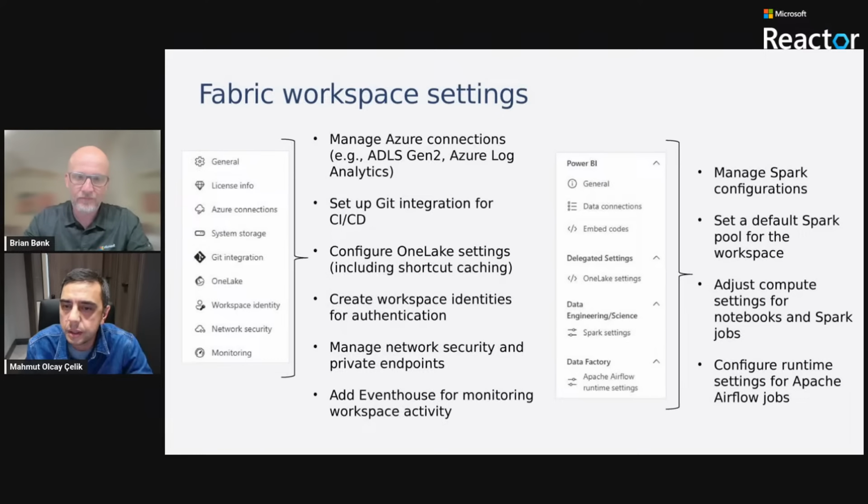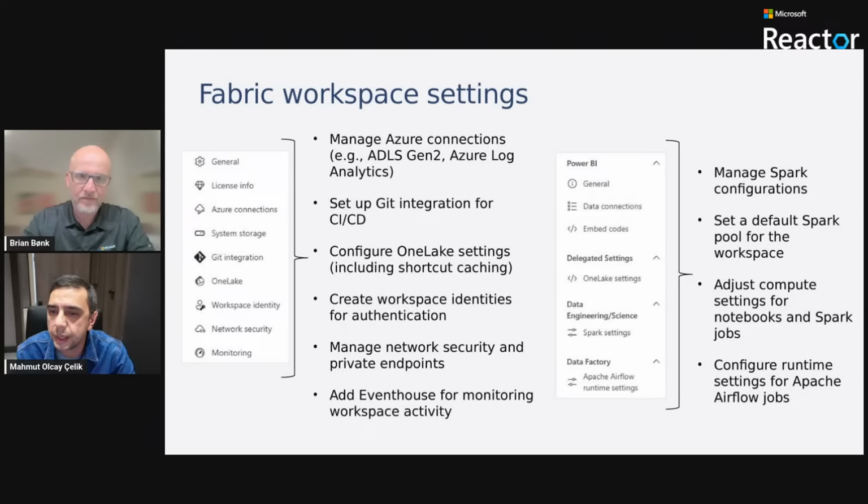Once you're here, you can control things like Azure connections. You can set up Git integrations. Also, you can configure OneLake settings as well. And also, you can create workspace identities for authentication, like network security, private endpoints, and also add monitoring, like real-time monitoring with event houses, to monitor workspace activity as well.